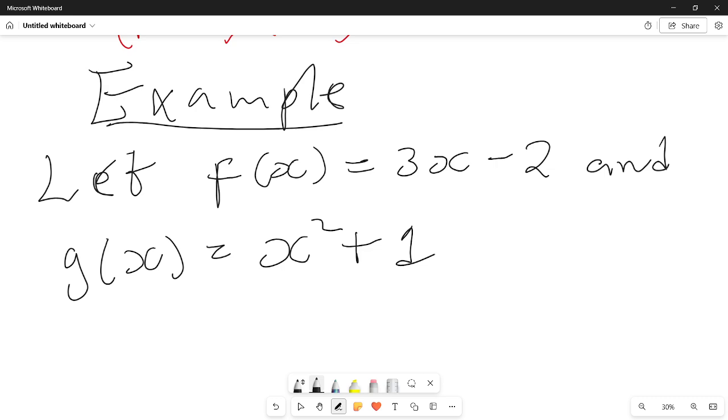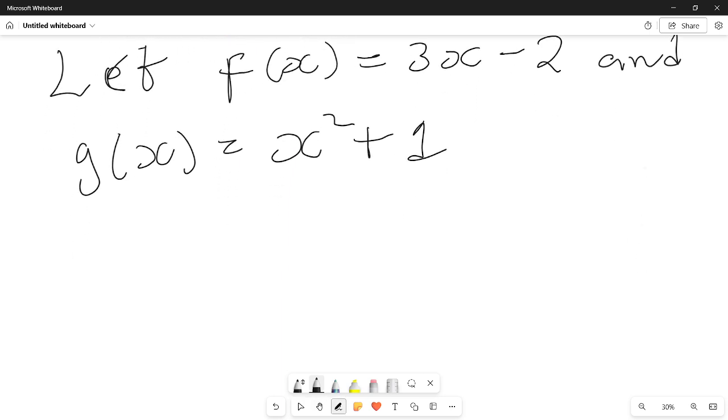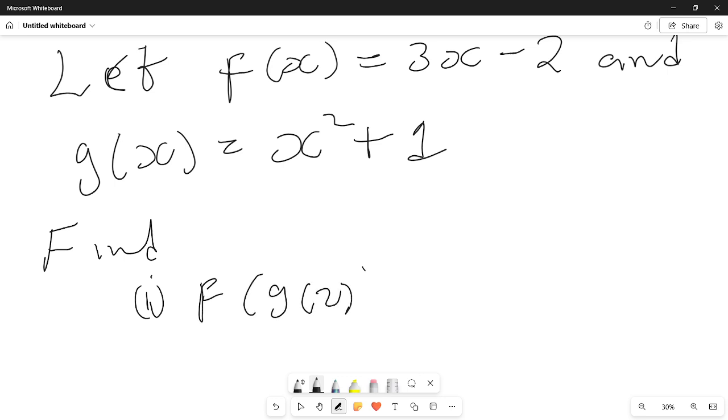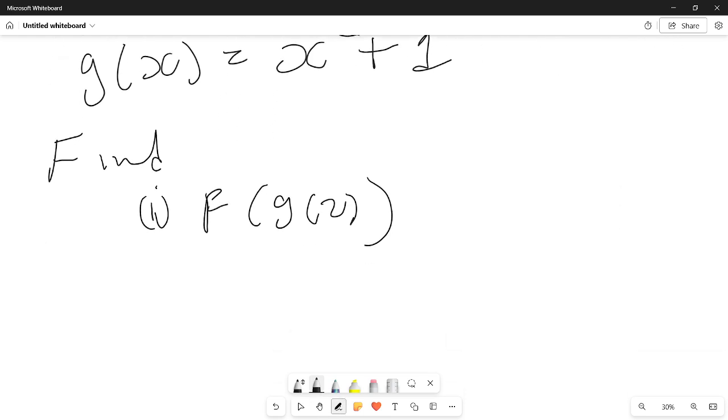So the first question, find f of g of 2. Number 2, find g of f of 3.